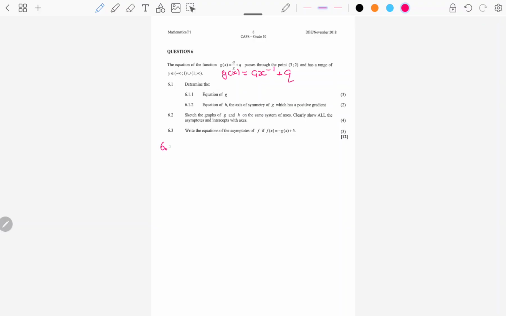So for 6.1.1, to figure out the equation of g, since we know point 3.2 already passes through g of x, we can just sub that point in.